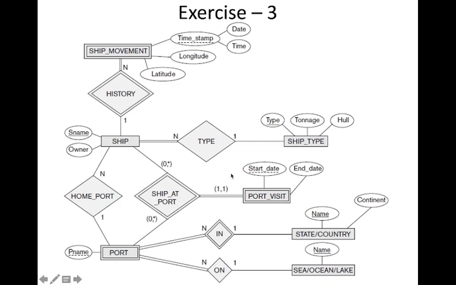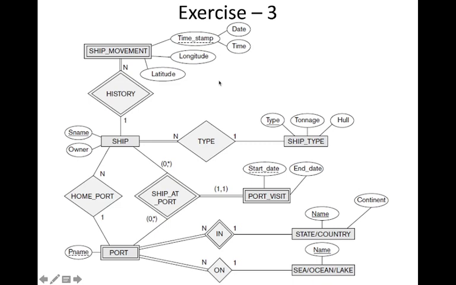Then we have to convert the 1:n relationships. We have many 1:n relationships, and we have to convert all of them to relations. Then if there are m:1, we have to convert those. If there are multi-valued attributes, then we have to do something, but if you see there are none, then we have to do nothing.